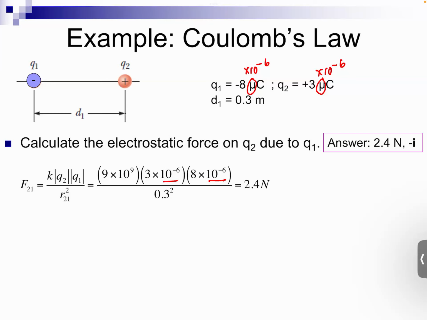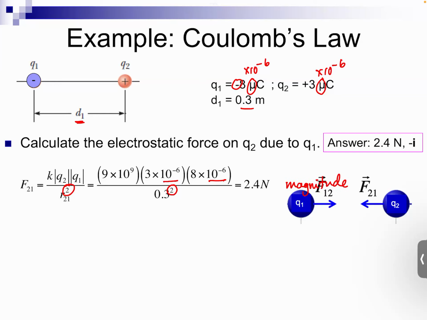The important thing here is notice Q1 is negative, but in my calculation, I disregarded the negative sign for Q1 and used only positive 8 times 10 to the minus 6. d is the separation distance, and don't forget to square the distance. This will give you the force in newtons. This is just the magnitude, or the size.